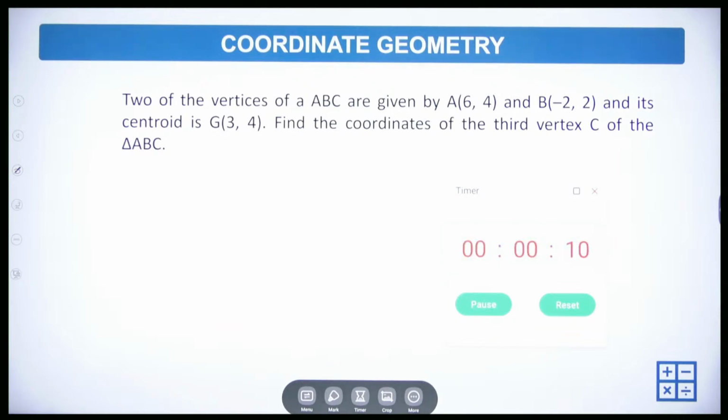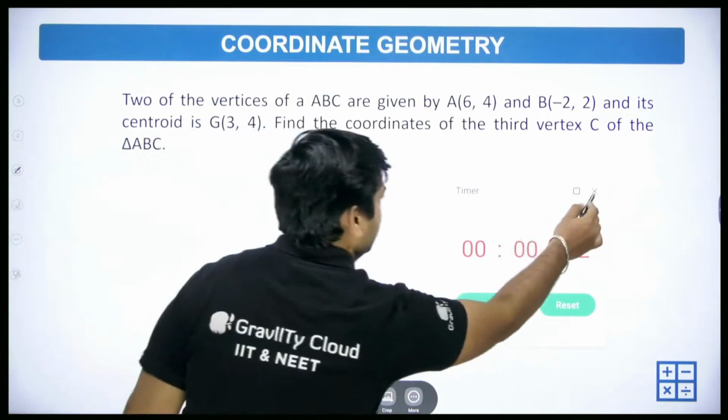Last 10 seconds. Let's see what the answer is here.